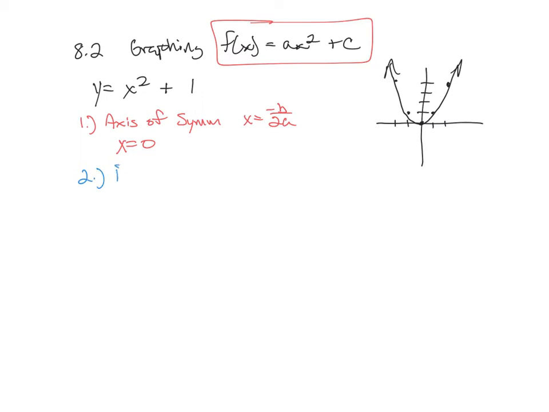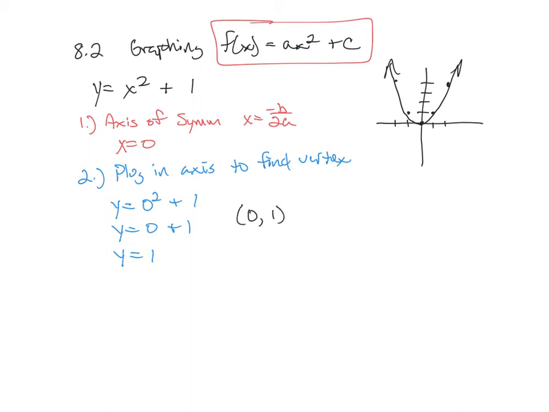So step 2 was to plug in the axis to find the vertex. So 0 squared plus 1, 0 plus 1 is 1. So the vertex is 0, comma 1.